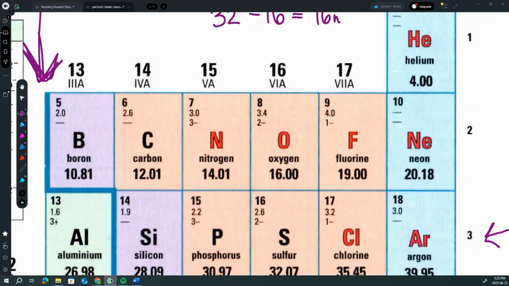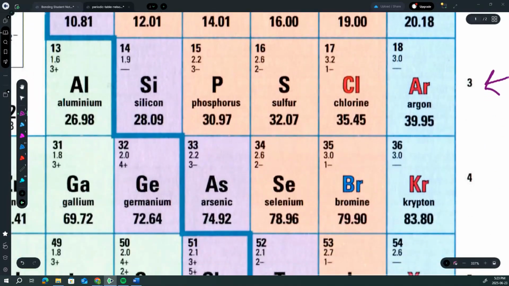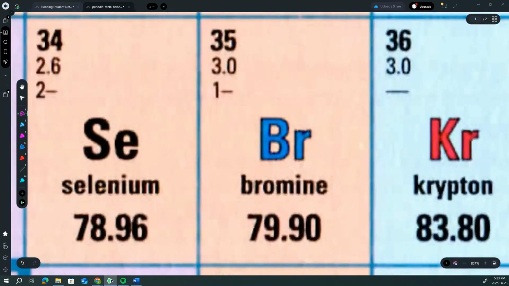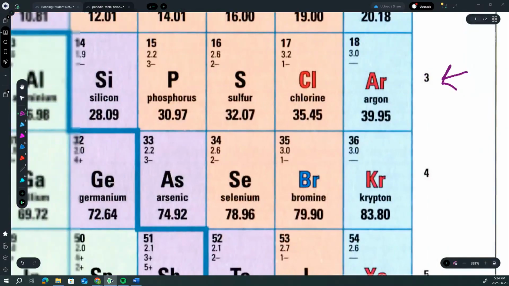My rule of thumb for figuring out where to change the ending to IDE is, if you sound it out and it rolls off the tongue, it's likely what the ion name is. So for example, bromine, the easiest way to have that roll off the tongue is if I change the ending INE to IDE and just say bromide ion.